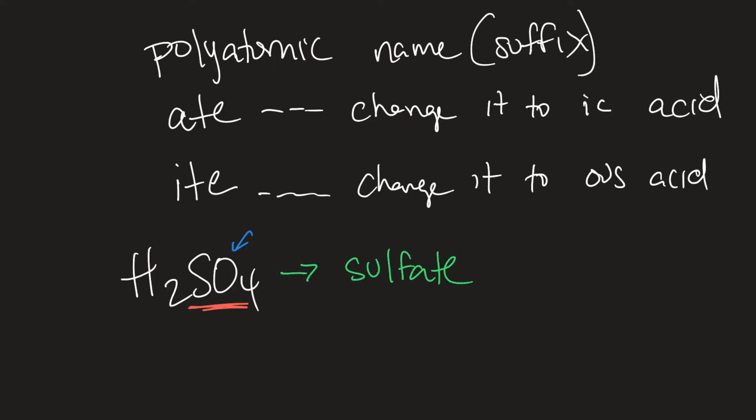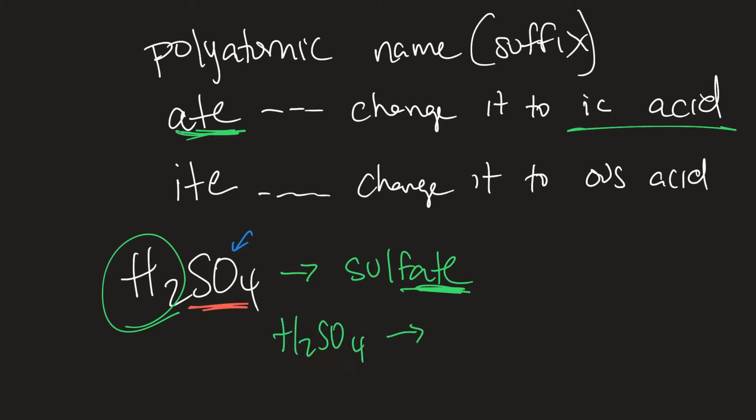Now, it's in this acid form because it's bonded to 2 hydrogens, so we need to name it as an acid. Since sulfate ends with ate, we change the ate to ic acid. So H2SO4 is named sulfuric acid.